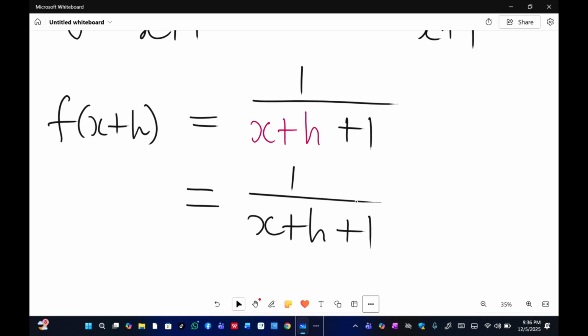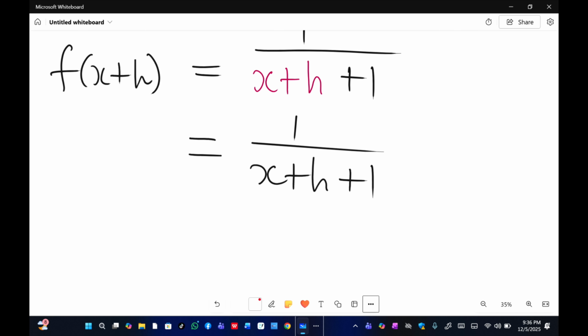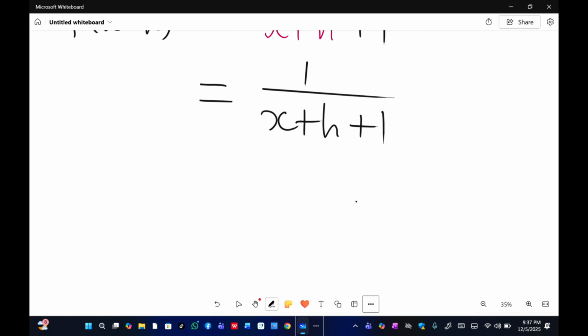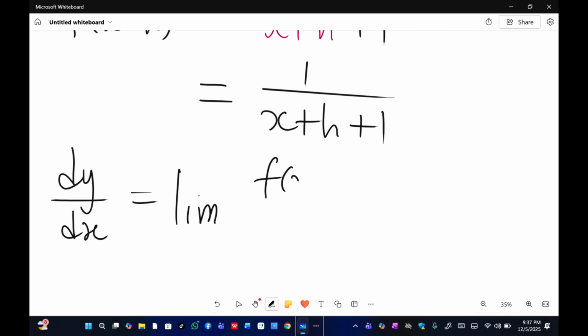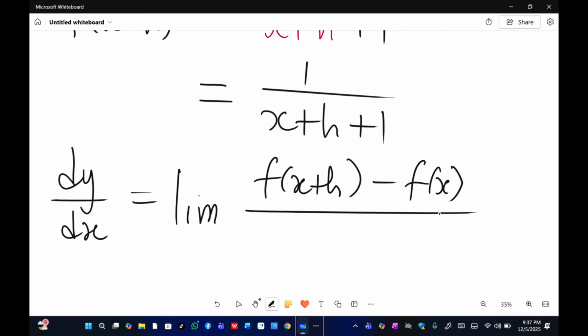Right. So let us now state our formula for finding the derivative of a given function from the first principle. The formula is dy/dx is equal to the limit of f of x plus h minus f of x, the original function, all divided by h as h approaches 0.